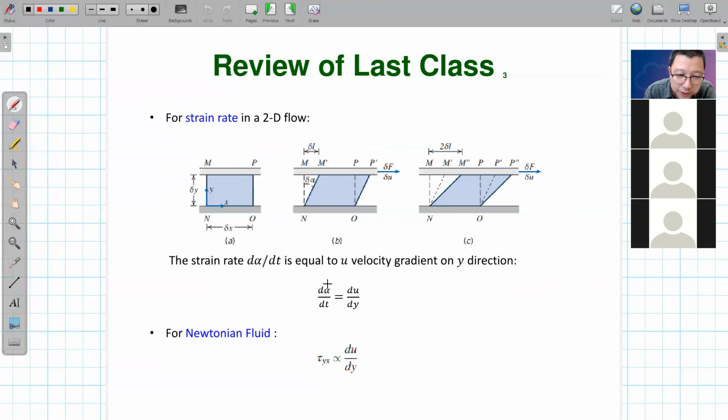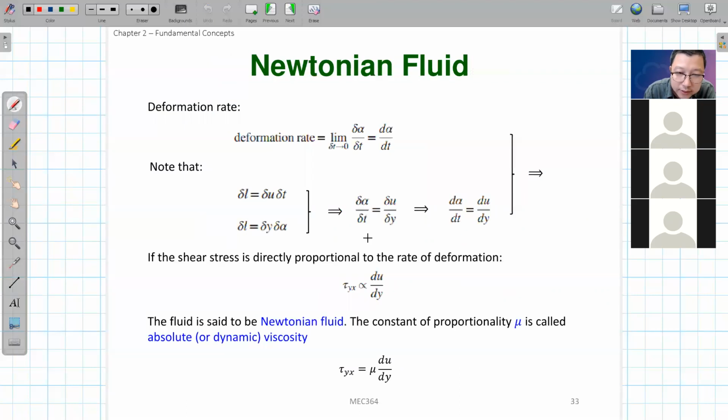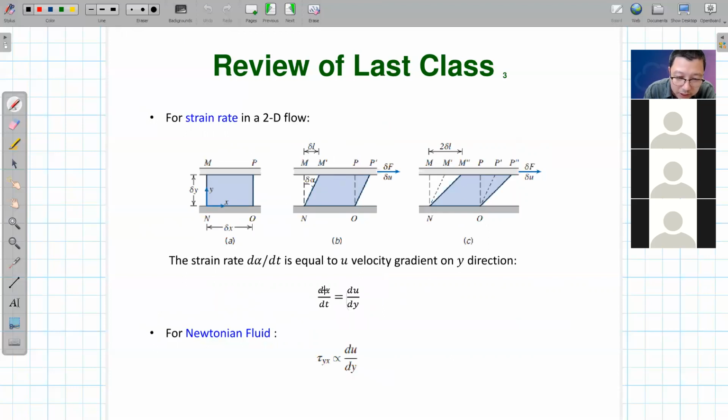We proved that this strain rate, d alpha over dt, the change of the angle over time, is equal to du dy. We proved that in the last class with this correlation here. If you forget it, you can go back to that note. So it's telling us that in these 2D rectangular cases, if you only have this tau, what's the stress direction? It will be this one, right?